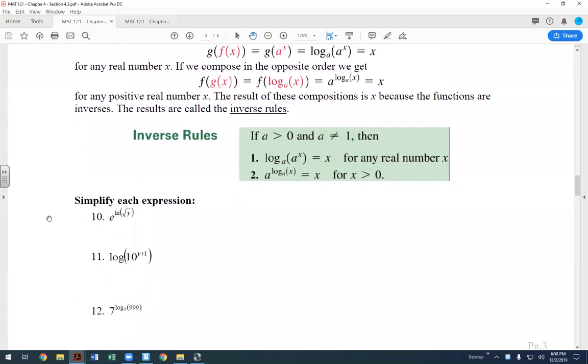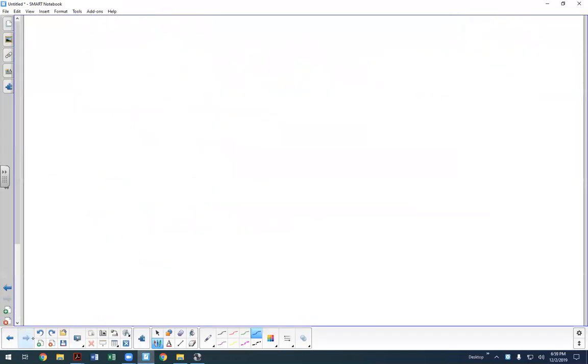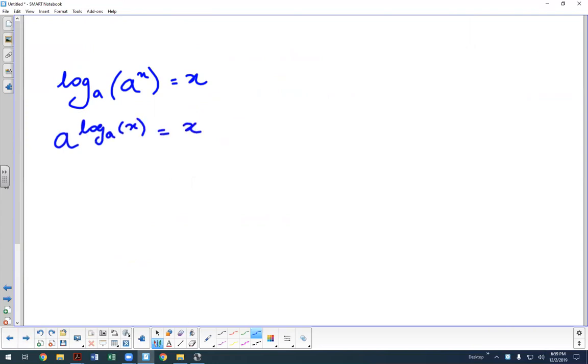So these are just generic examples here. We're trying to use these properties to find out what the answer will be. So using those inverse rules, okay, either you have the log with the exponent or the exponent with the log.